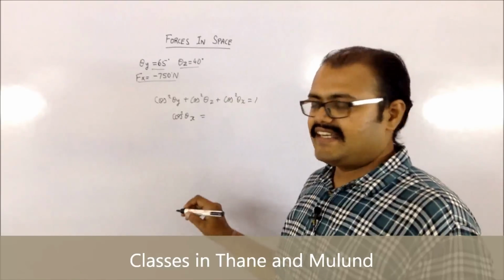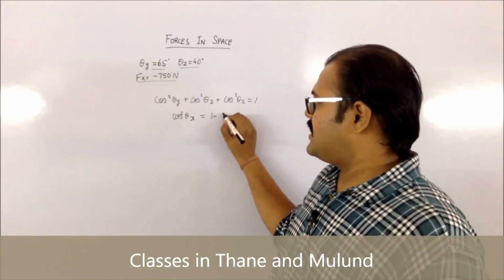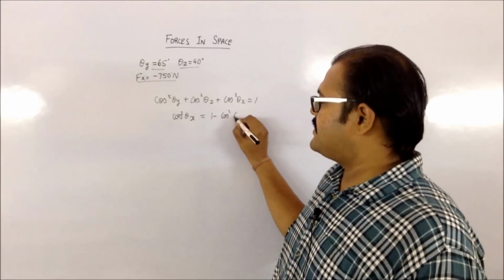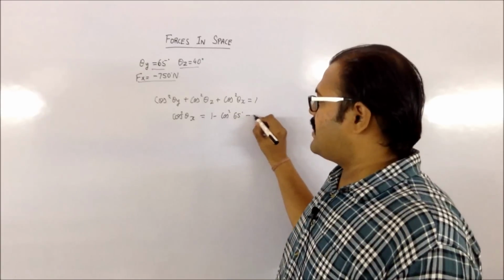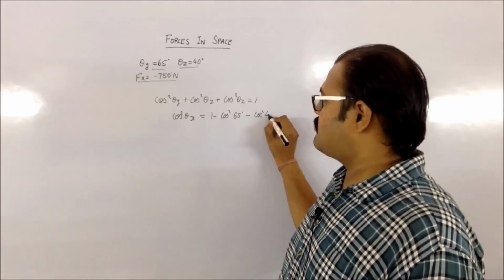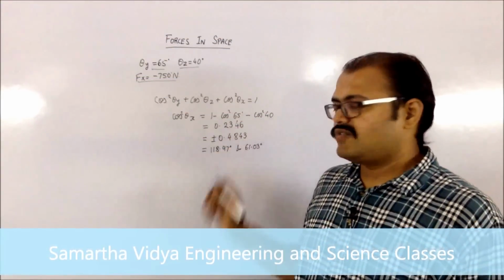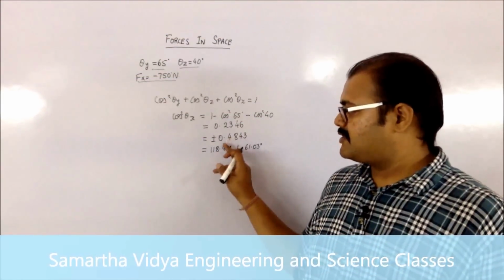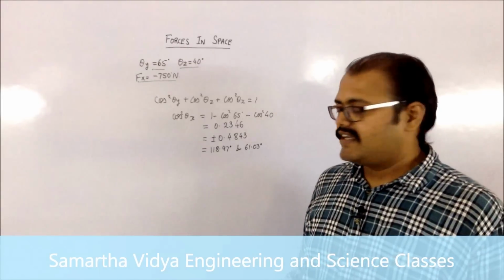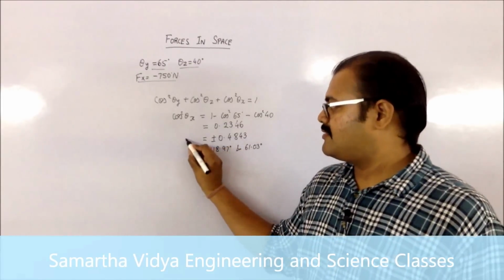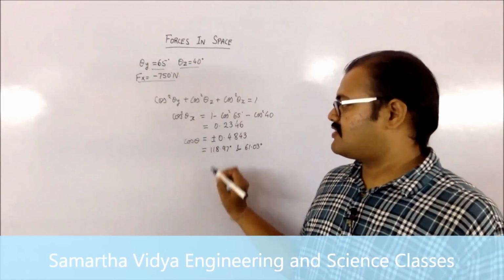So my cos square theta x will be nothing but 1 minus cos square 65 minus cos square 40. Once you calculate that equation, you will get the value as 0.23, of which you will take the square root, and since you are taking a square root, you will get a plus minus of that.